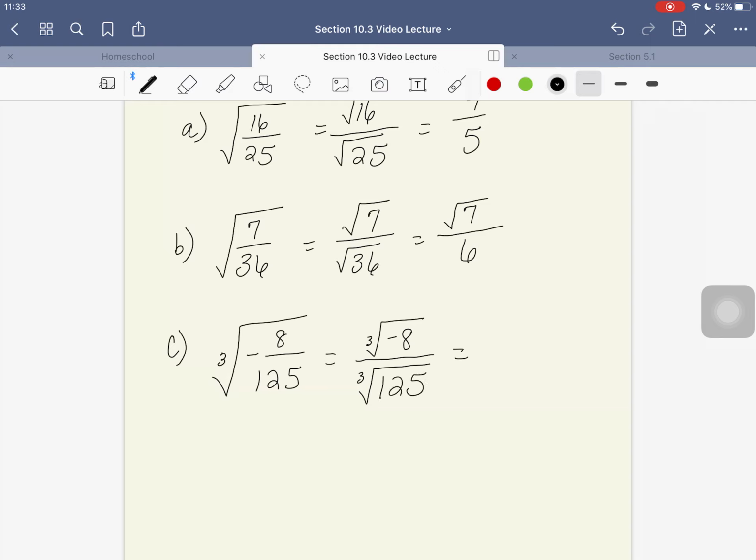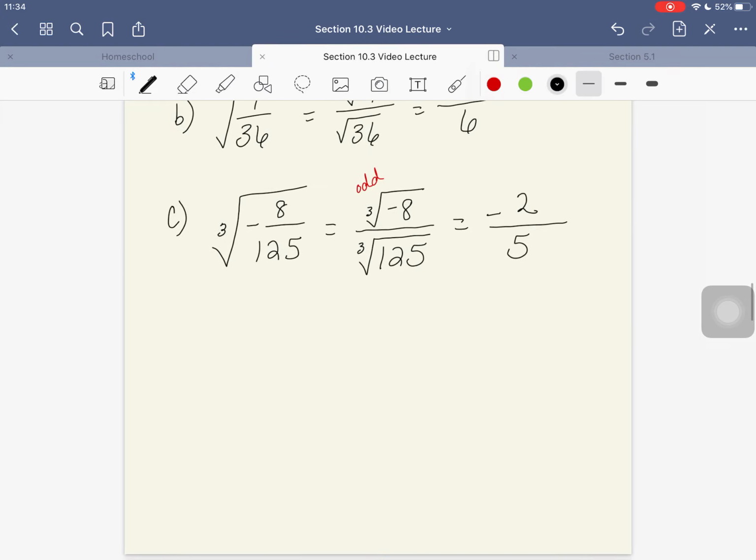All right, since my root is odd, this will be a real number, and so the cube root of negative 8 is negative 2, and the cube root of 125 is 5, so negative 2/5.